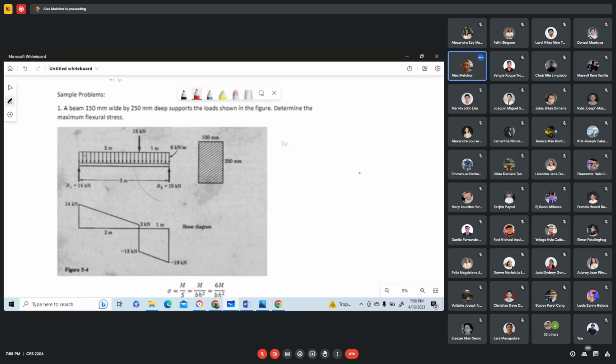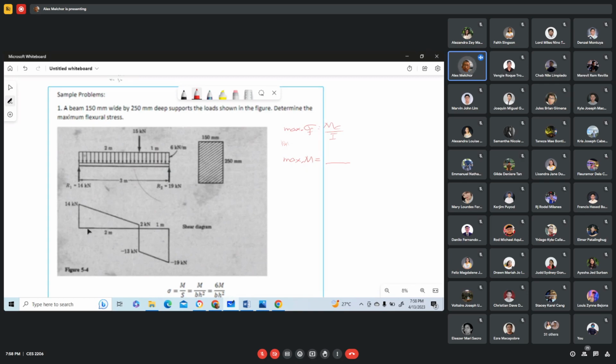Maximum moment is equal to, you're going to find for this because our maximum flexural stress is equal to the maximum moment times C over I. So to find the maximum moment, we drew the shear diagram.